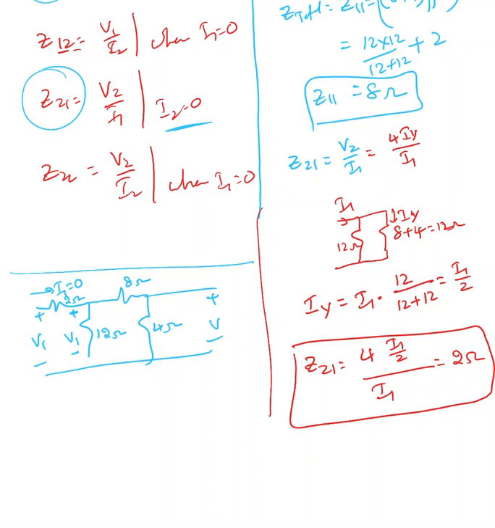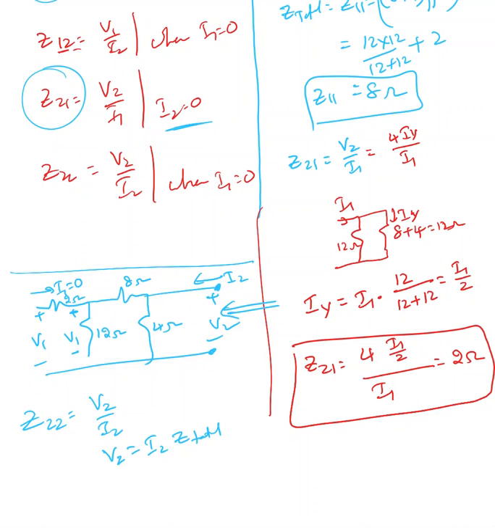Here is my V2 and I2. It's easy for me to find Z22 first. Z22 is nothing but V2 over I2. So now I'm looking at the circuit from the V2 point of view, from this port 2 point of view. I can write V2 equal to I2 times Z total.